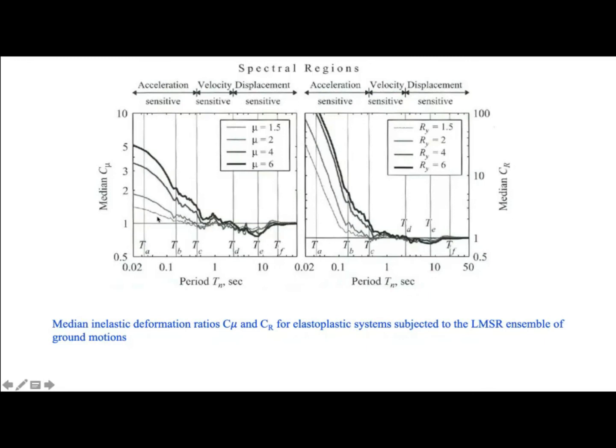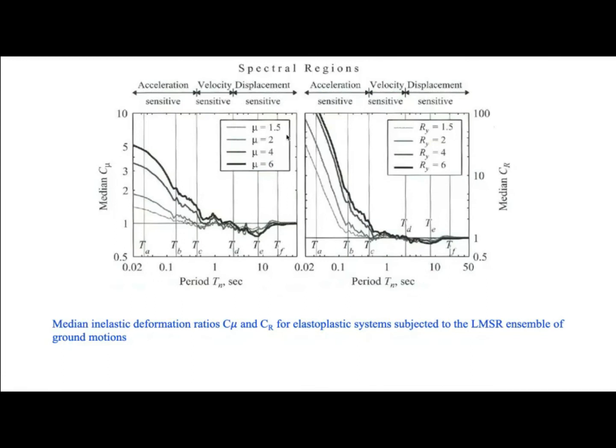But here certain equations are required in order to accurately compute the inelastic deformation demand. The same is also shown in terms of the reduction factor. You can see almost similar behavior: beyond the Tc they are the same. There's some reduction here, but again it gets equal to the value of the elastic values. In case of the reduction factor, unlike the ductility, a small reduction can cause a huge variation in the strength.